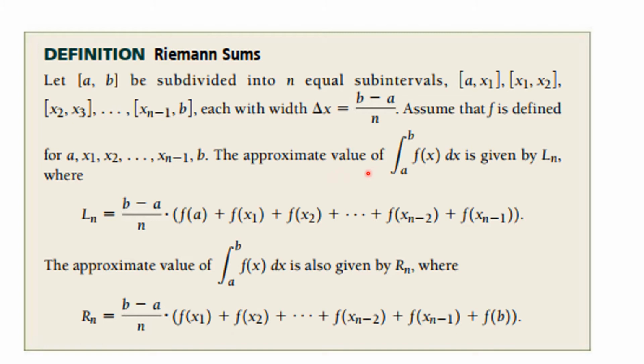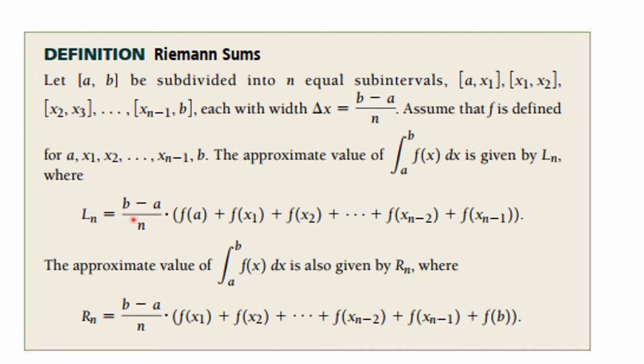Then the approximate value of the definite integral from a to b of f(x) dx is given by L sub n, and this time we're using the left endpoints again, where L sub n is equal to, and so the heights are going to be these values.